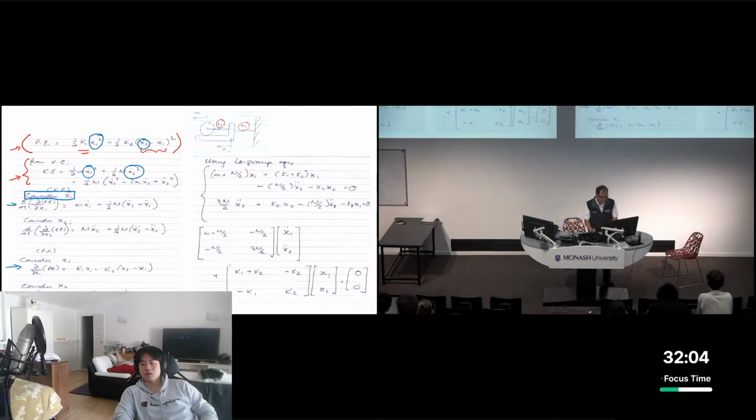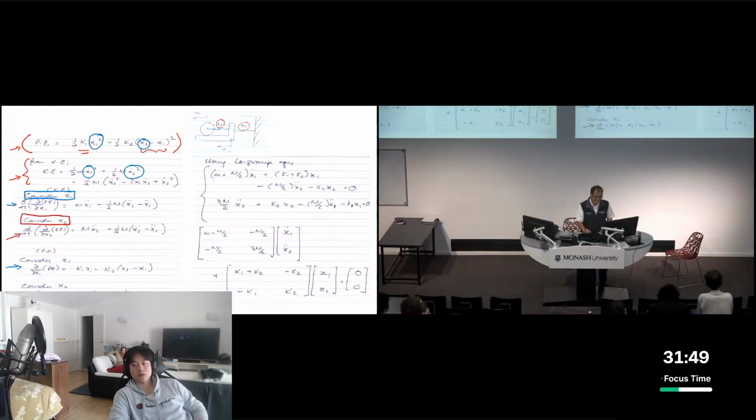Similarly, you will need to consider x2, where you do your derivative for your kinetic energy and that for your potential energy. When you bring them together, this is what you get from your Lagrange equation.